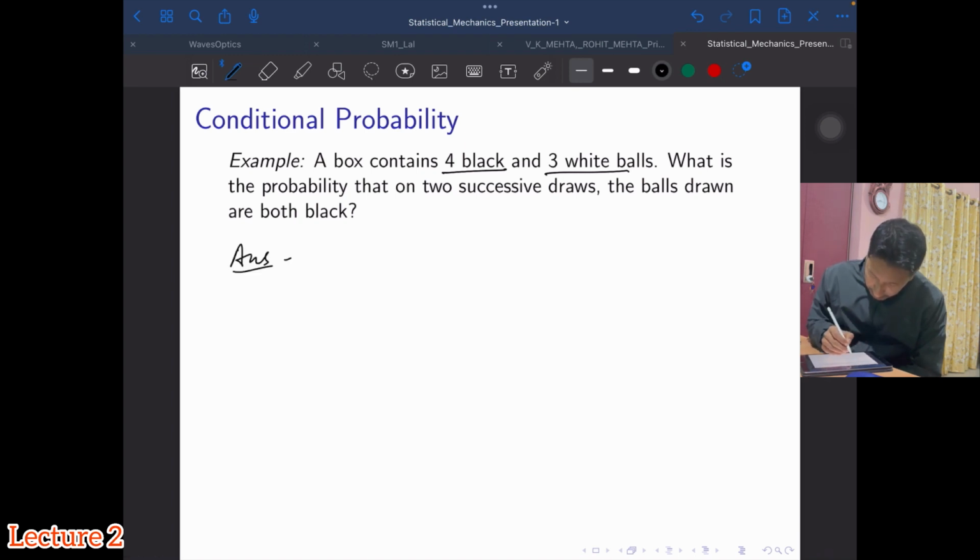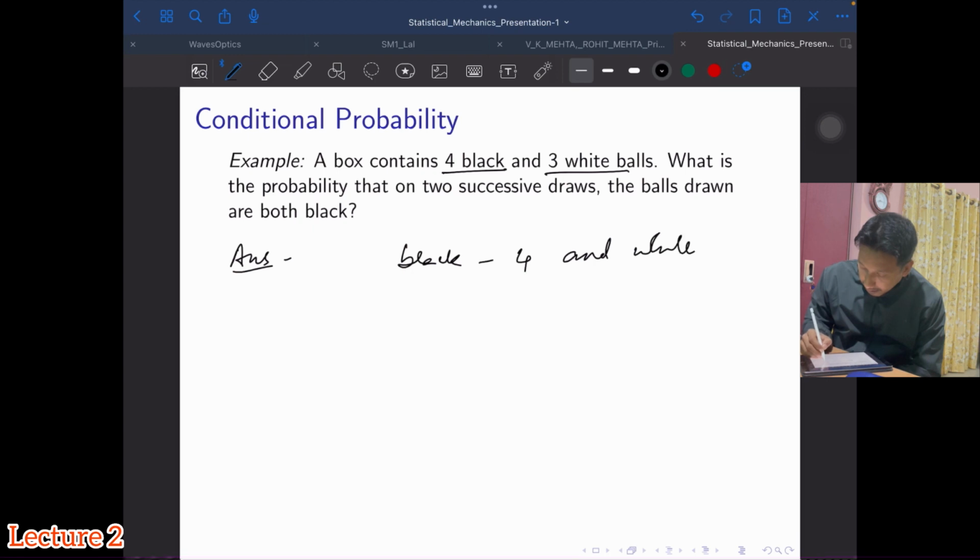There are 4 black balls and 3 white balls. So we have drawn two balls one after the other, and we need to find the probability that both the balls are black.